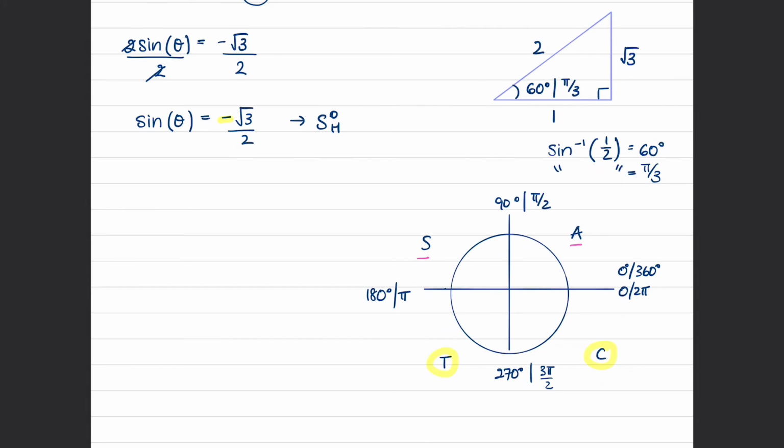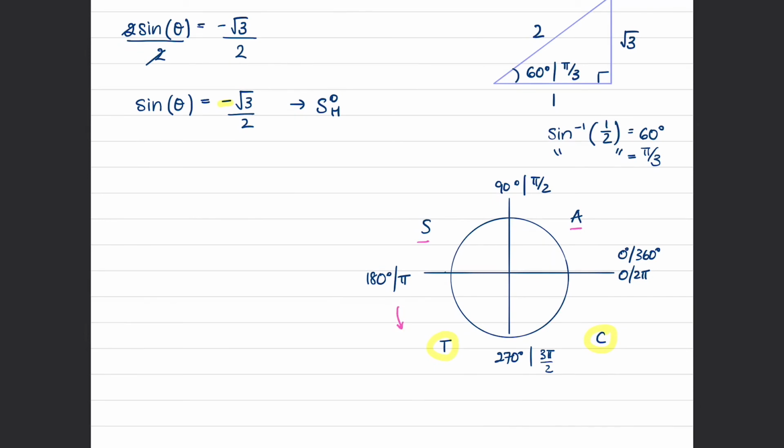Again, looking at it in degrees, to find any angle in the third quadrant, we're going to do 180 degrees plus the angle, or we're going to do pi plus the angle in radians. And in the fourth quadrant, we're going to do 360 degrees minus the angle, or we're going to do 2 pi minus the angle if we're working in radians.